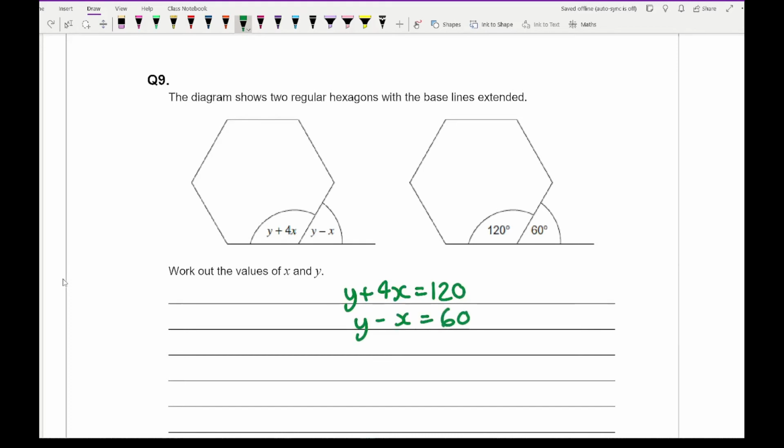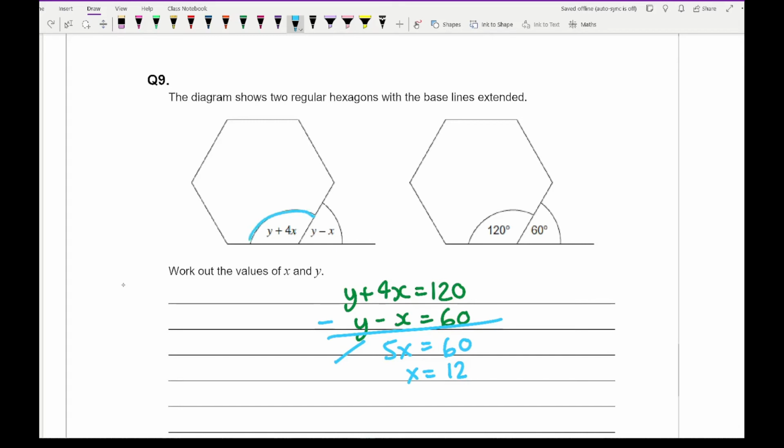As you can see by writing this out, this now resembles a simultaneous equation. I don't need to multiply anything, because I can just notice that the y's are the same. So if I take away the 2 equations, I end up with 5x equals 60, so x equals 12.